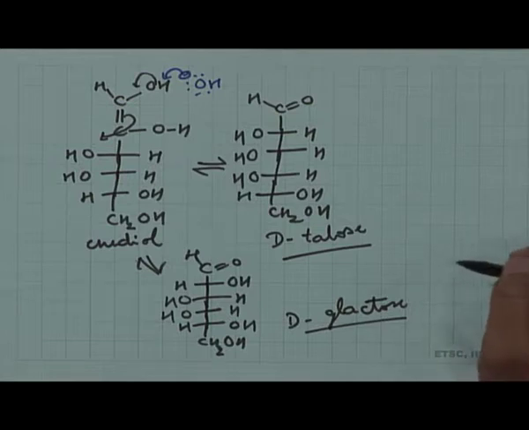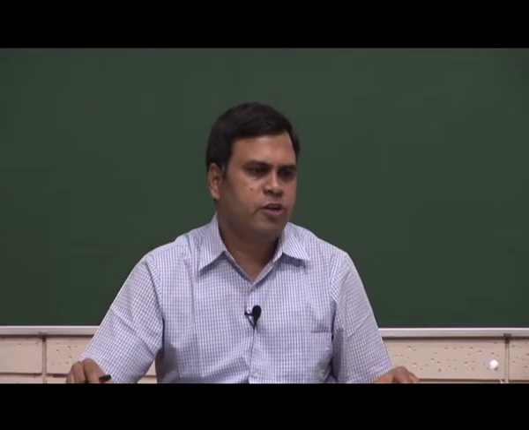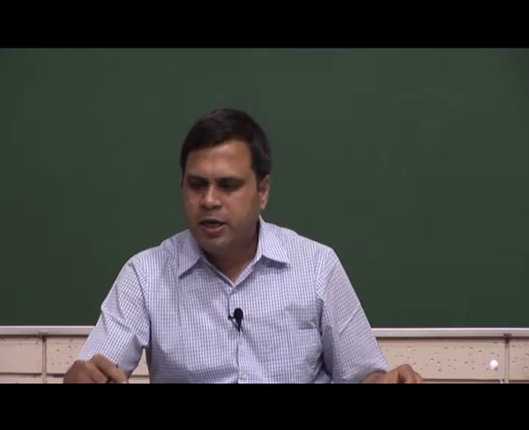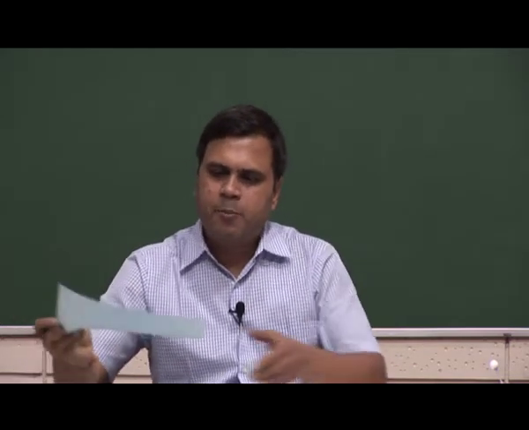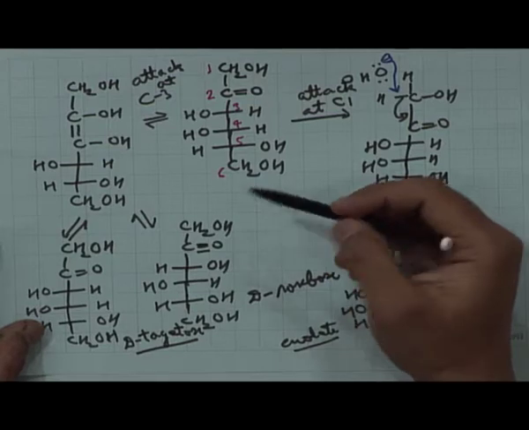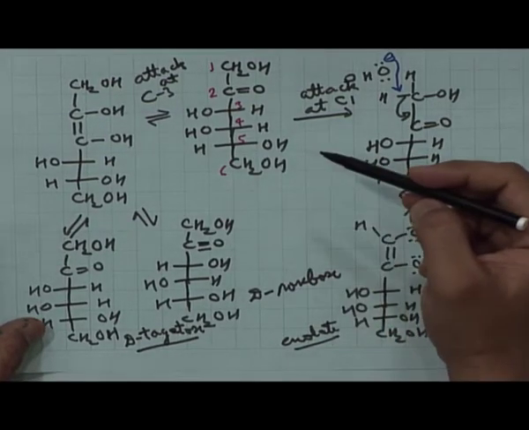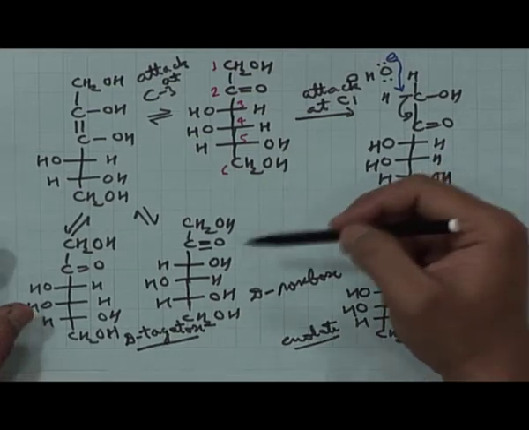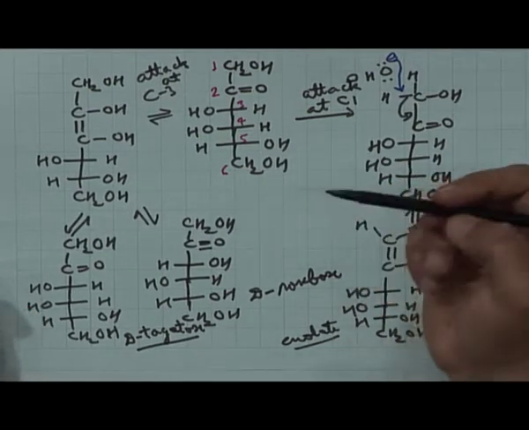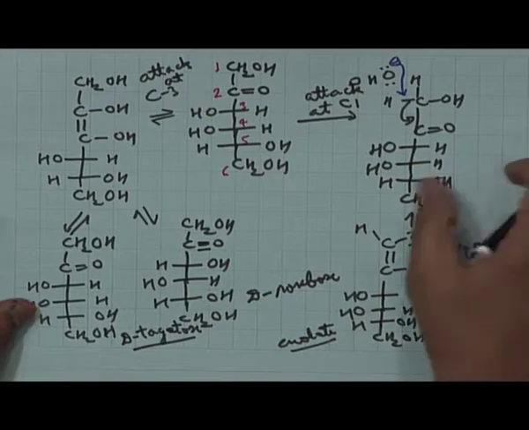So, basically we got two aldohexoses and two ketohexoses through this reaction, and in totality what is happening is an enediol rearrangement, where deprotonation and reprotonation are happening through this process.